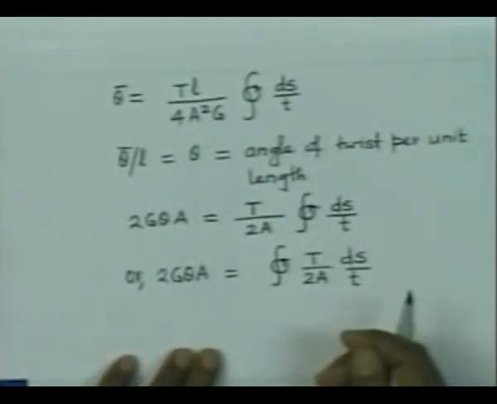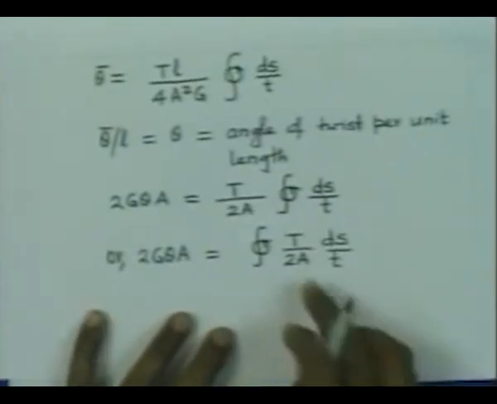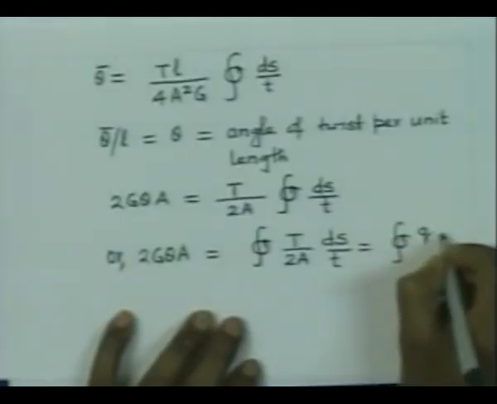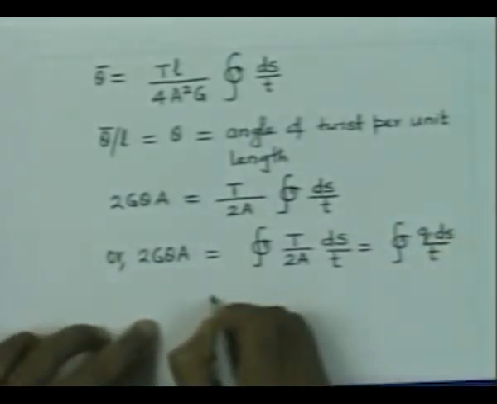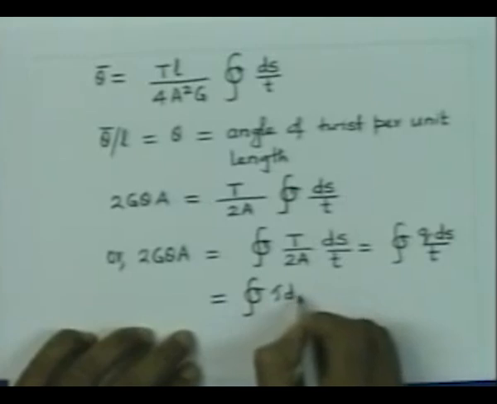You have already got the relationship between the shear flow and the torque. T was given by 2 times A into Q, where Q is the shear flow. So, we can replace this by shear flow Q, and we get Q ds by T, and since Q by T is tau, we have tau ds.